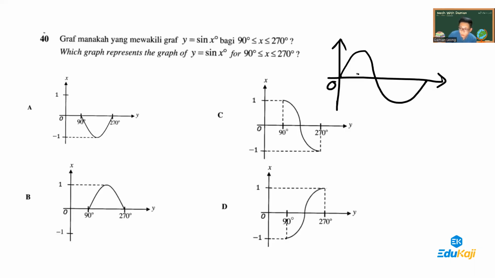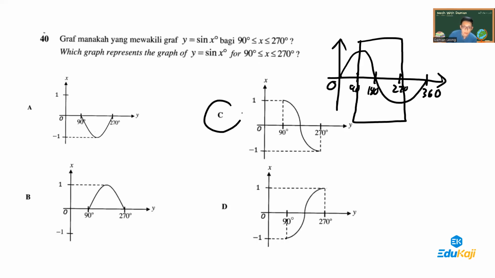So from 0 to the maximum point, to 0, to the minimum point, then only back to 0. We want from here until here. So it's this shape. So we look for this shape, which will be this one. So the answer is C.